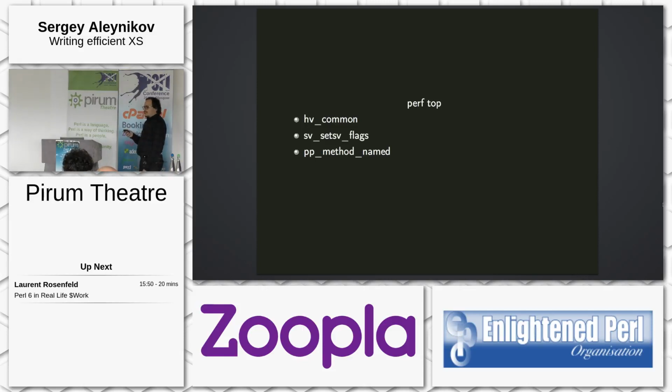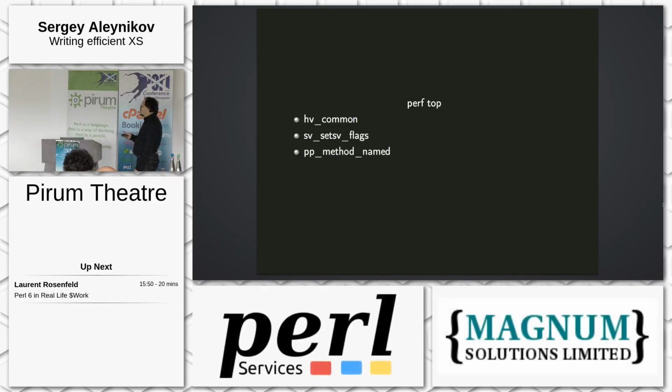And if you wonder about your application, how can you obtain this top, the Linux command perf top is an ultimate tool for this. It shows live what's happening on your server. So, of those three functions, hv_common is the most interesting.